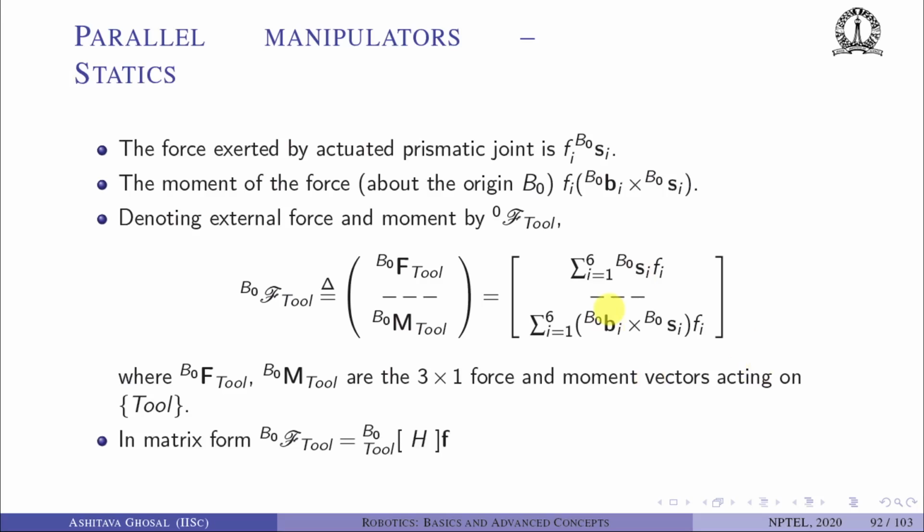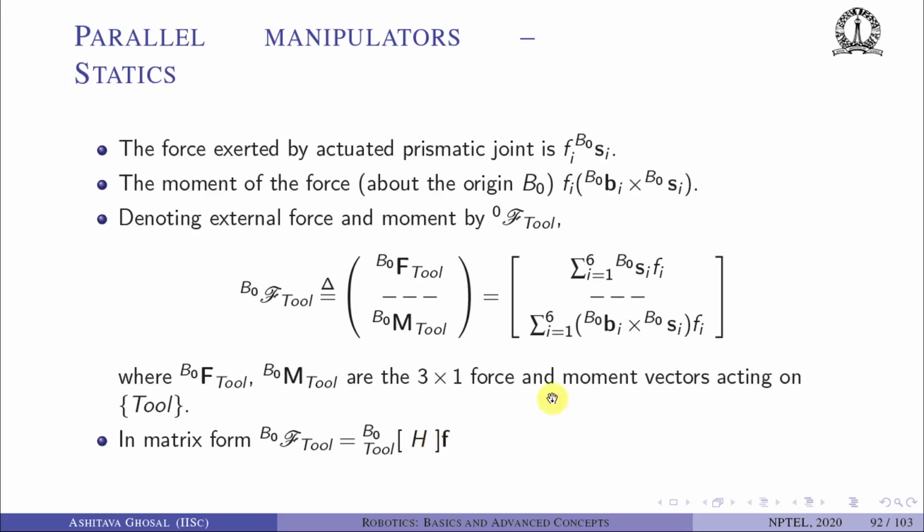In matrix form, we can rewrite this as some matrix H times F. The end effector force and moment is equal to S_i F_i and P_i cross S_i along F_i.